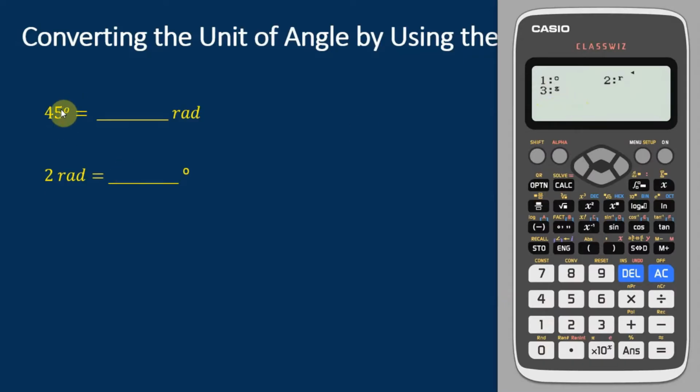Here we would like to input degrees, so we choose 1 and then equal. Here the display shows that the angle is 45 degrees, and we already set our angle to radian. So if we press the equal key, it will convert 45 degrees to radians, and this is the answer. Therefore, 45 degrees is equal to 1 over 4 pi radian.